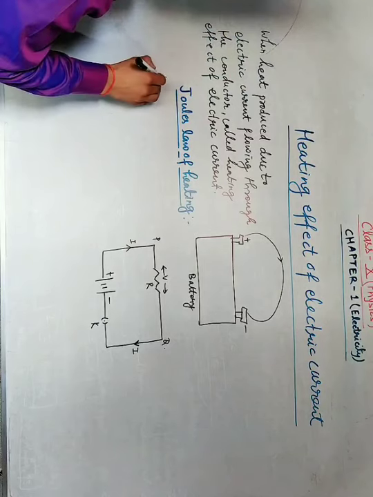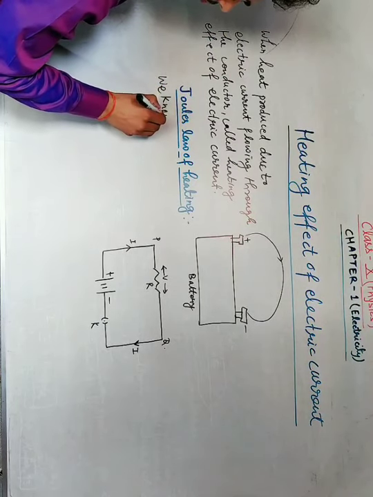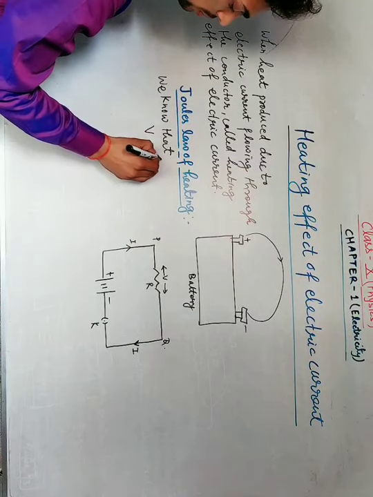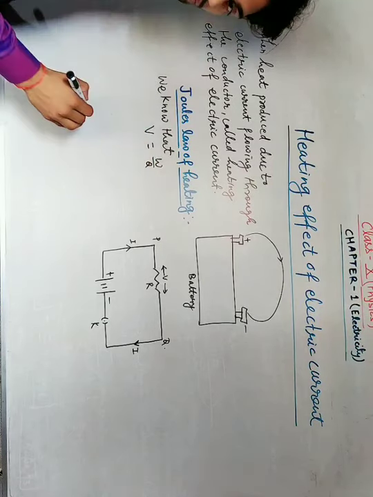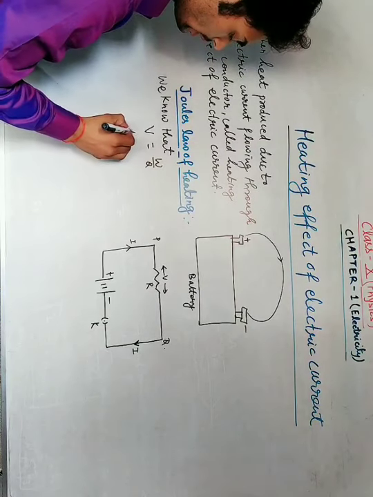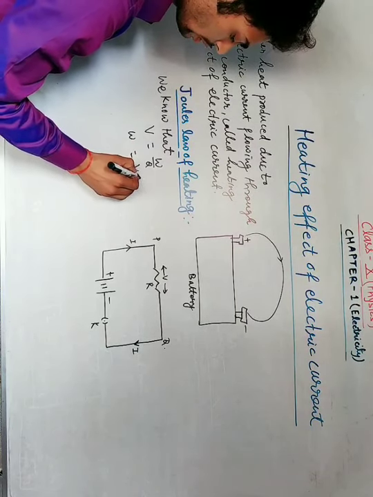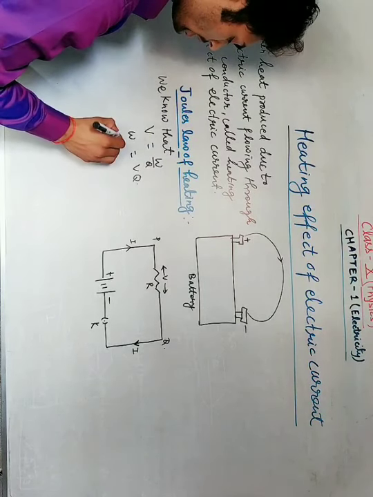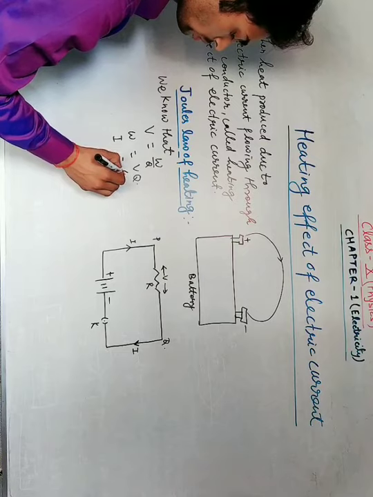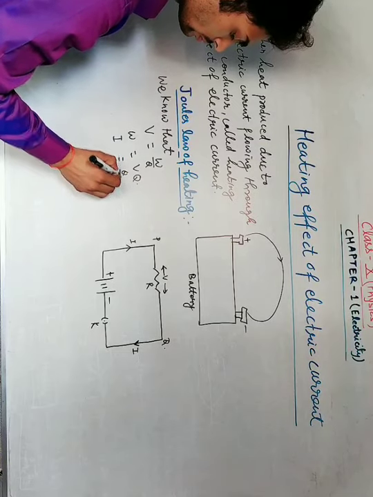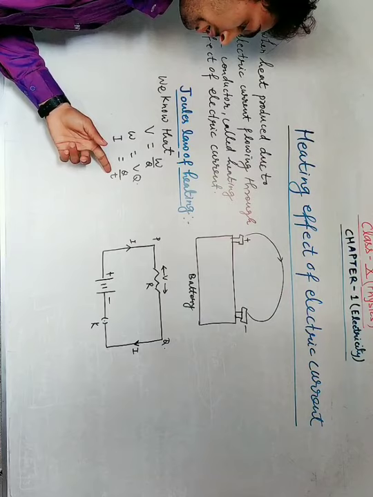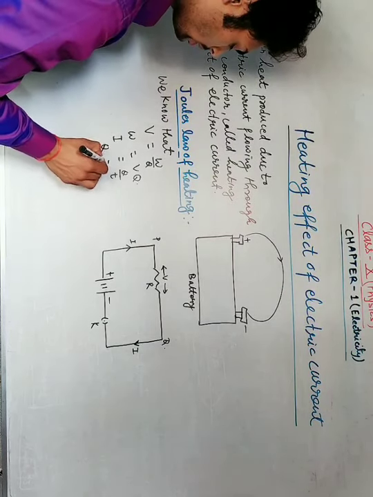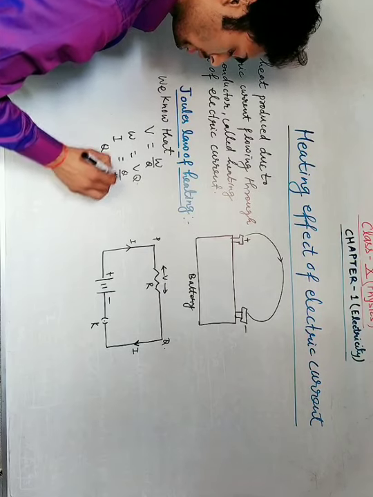Then we know that potential difference V equals W by Q, and work done W equals V into Q, and we know that I equals Q by T. Charge flowing through the conductor per unit time is called electric current, and Q equals I into T.